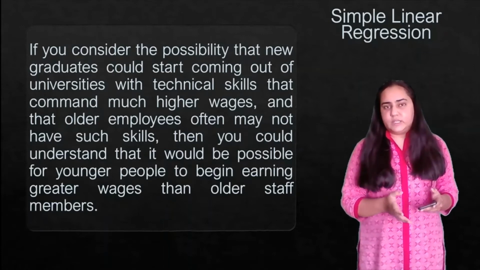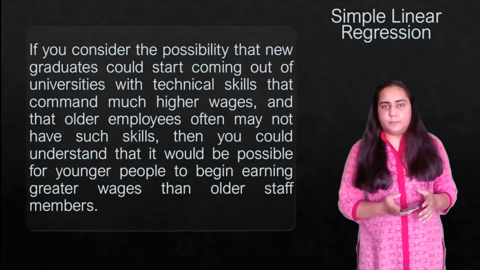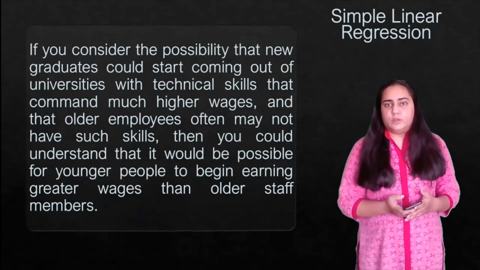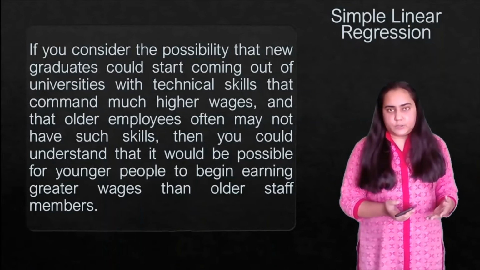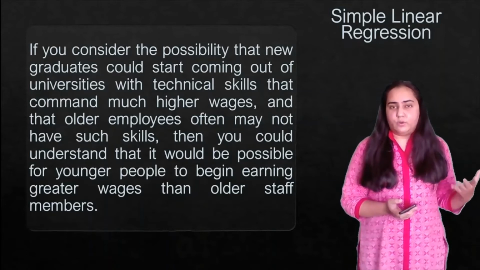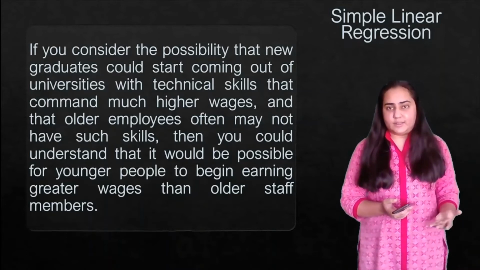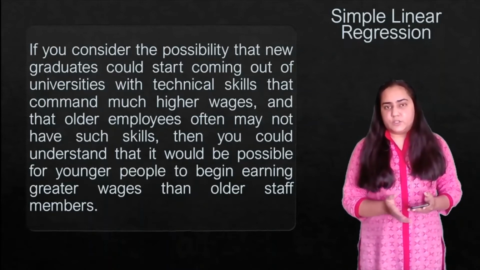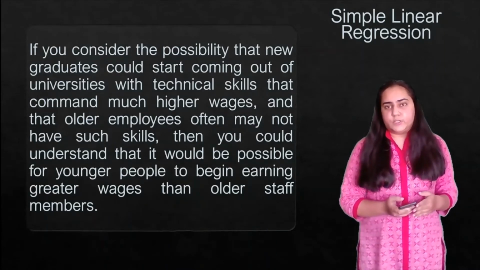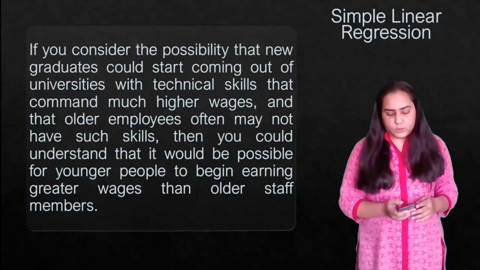So you can say that this person is actually earning more, even though this person is not old. That's why it is not a causation. Just because you're old doesn't automatically mean you're going to earn more, or because you're young, you're going to earn less. It's not a matter of causation, it's just a correlation. So we are only trying to establish correlation by linear regression, not causation.